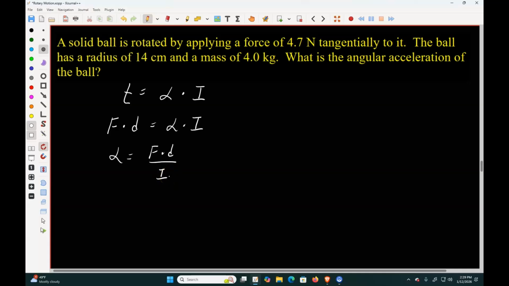Okay, so now we can plug in our data. So acceleration is equal to a force of 4.7 newtons. The radius here is 0.14 meters. I had to move a decimal 2 places over.